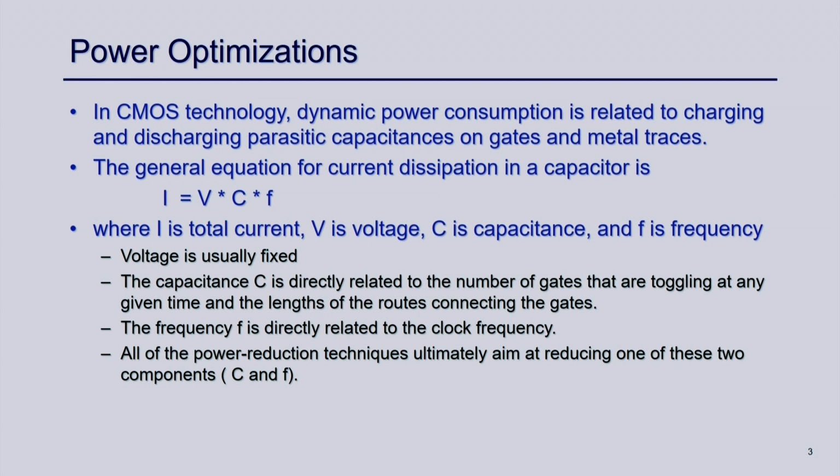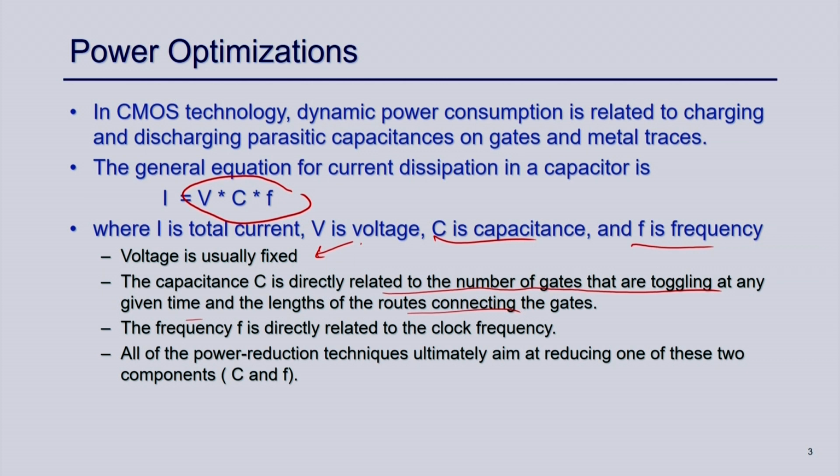At a very high level, the power is given by the formula P = V into I, where I = V into C into F. I is the total current, V is the voltage on which the design is running, C is the capacitance and F is the clock frequency. Usually voltage is fixed, so we do not change much on V, but we will talk about that as well. And the capacitance is related to the number of gates that are toggling at a given time and the length of the routing interconnections.